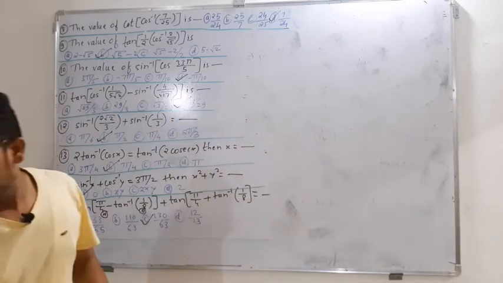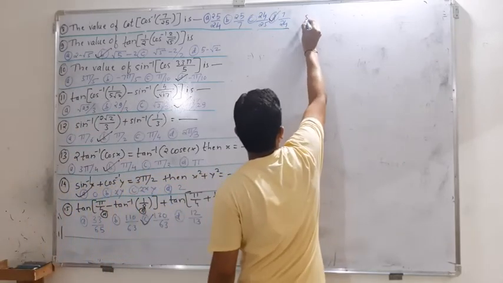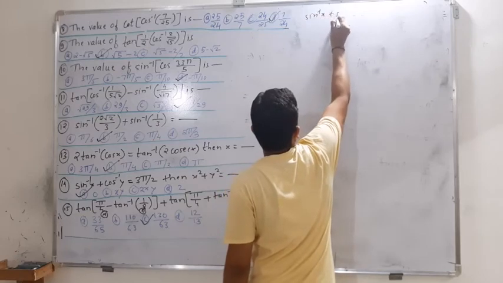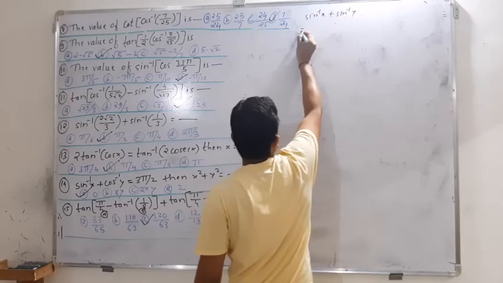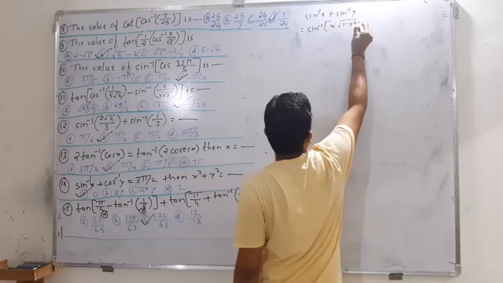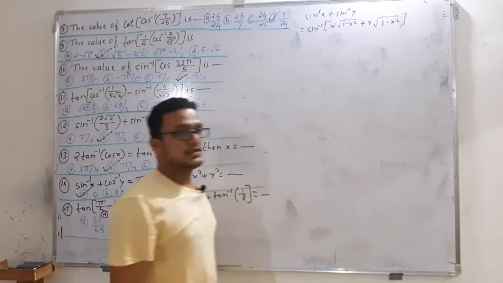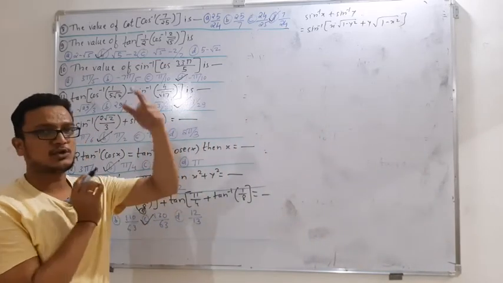From that, only one formula I am going to use. What is that formula? Sine inverse x plus sine inverse y is equal to sine inverse of x into root of 1 minus y square plus y into root of 1 minus x square.